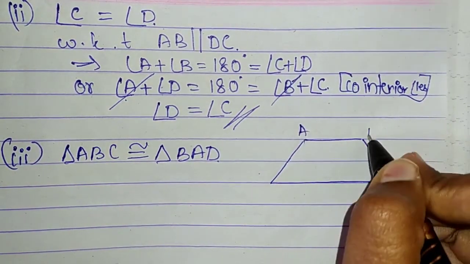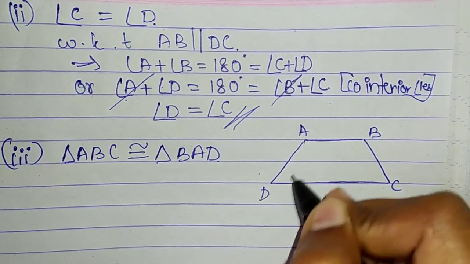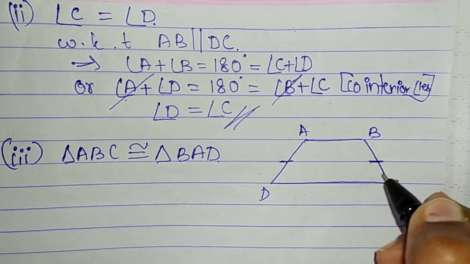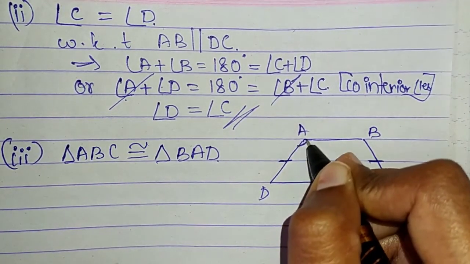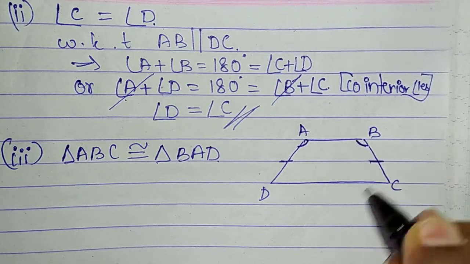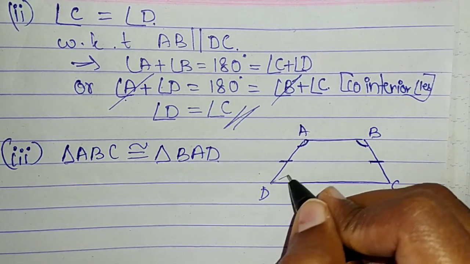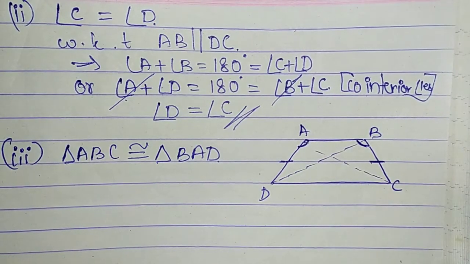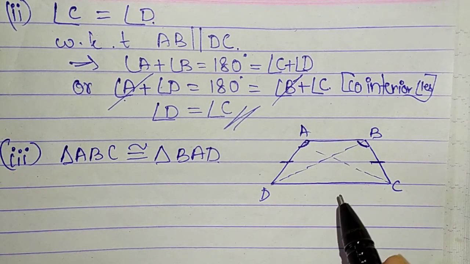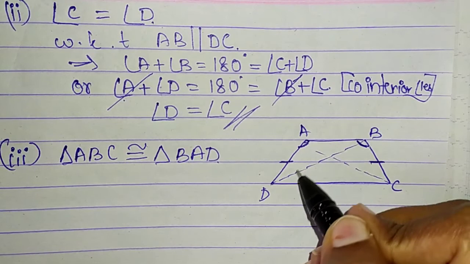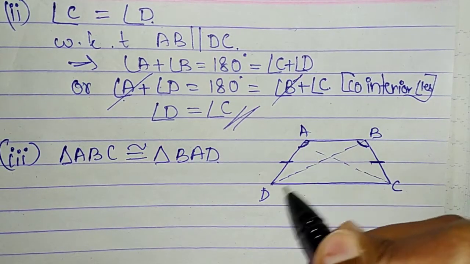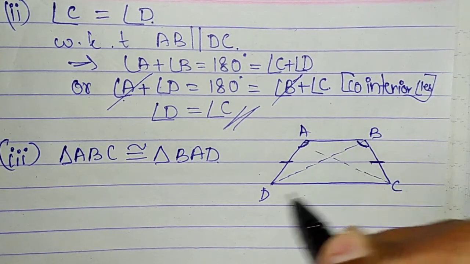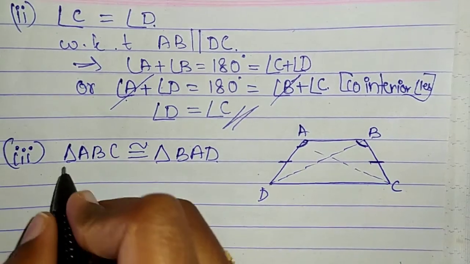This is our trapezium ABCD, and we know that AD is parallel to BC. We proved that angle A is equal to angle B. So drawing the diagonals BD and AC, now we get our two triangles, triangle ABC and triangle BAD. We need to show that they are congruent.